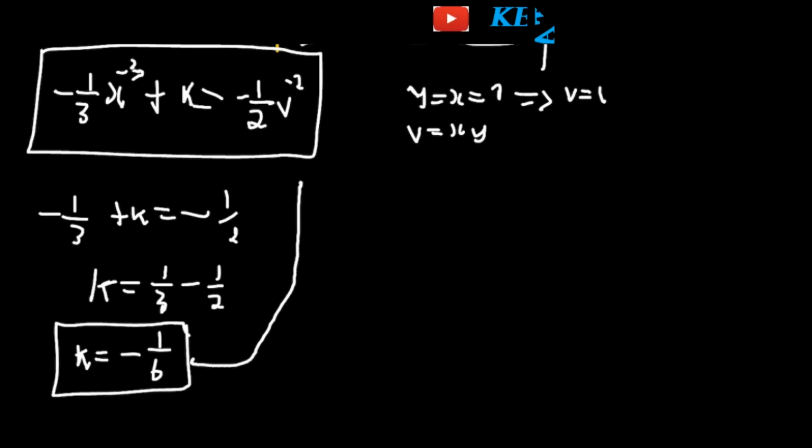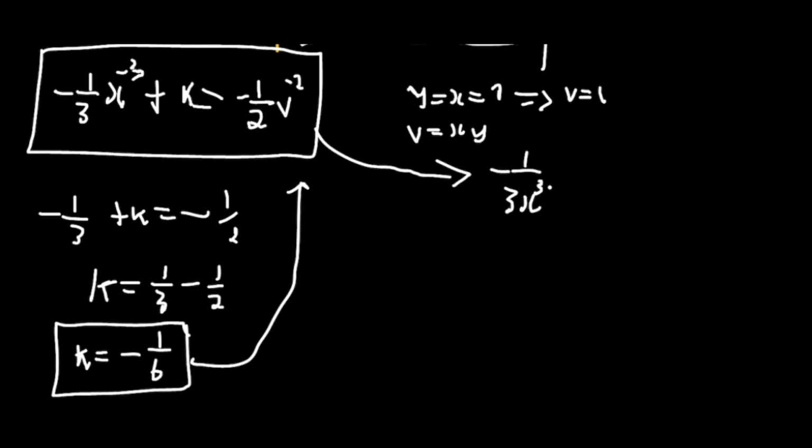Now if we substitute our value of k back here, we substitute our value of k and v in this function and we make our y squared subject. So we can rewrite this as negative 1 all over 3x cubed, minus 1 all over 6, to give us negative 1 all over 2x squared y squared.